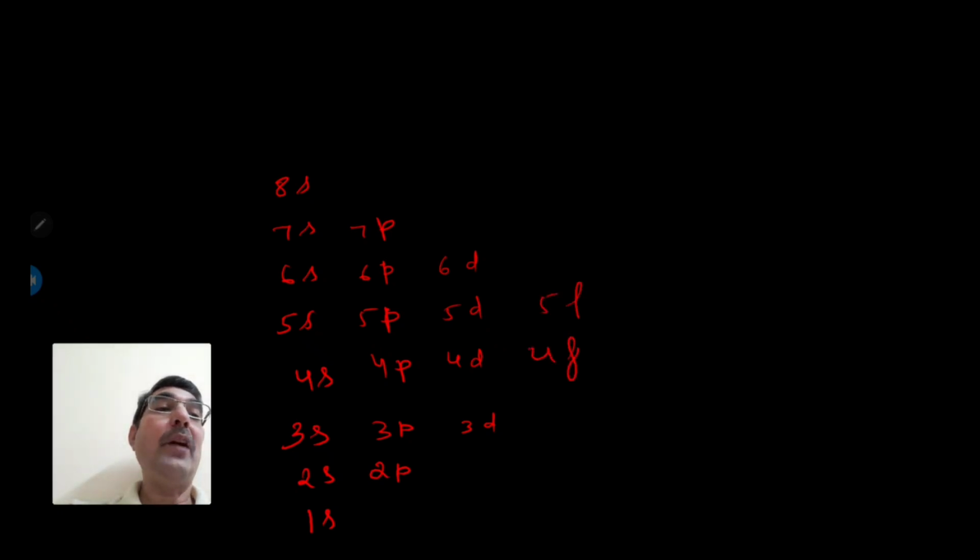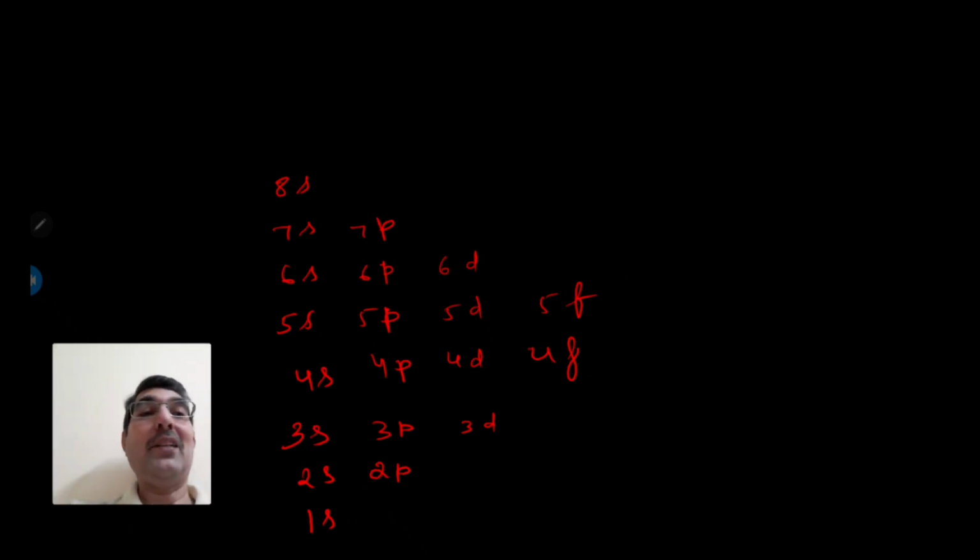Then we know P starts from the second shell, so we write 2p, then 3p, 4p, 5p, 6p, 7p. And we know D starts only in the third shell, so it is 3d, then 4d, 5d, 6d. Then we know F starts only at the fourth, so 4f, then 5f.